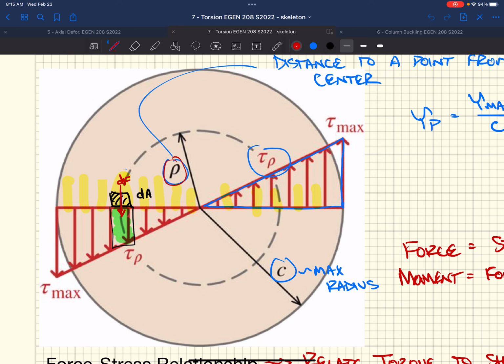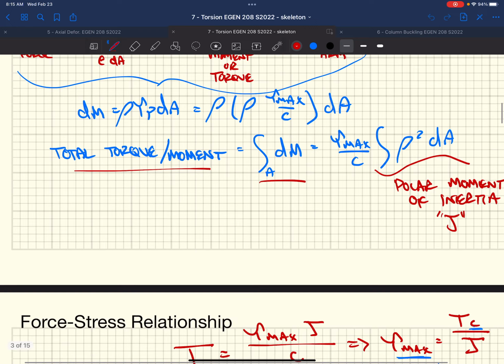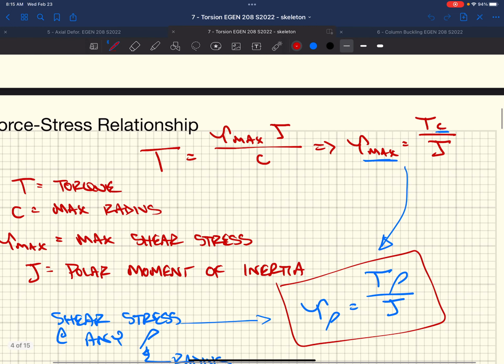And so if we know that there's a relationship between deformation and stress, that's where we end up getting this linear change in stress as we go from zero deformation in the middle to our maximum deformation on the outside. So using that relationship, the maximum stress is on the outside. We have this polar moment of inertia, J. We can relate torque. We could figure out what the torque is if we knew the allowable shear stress, the maximum radius and the polar moment of inertia.